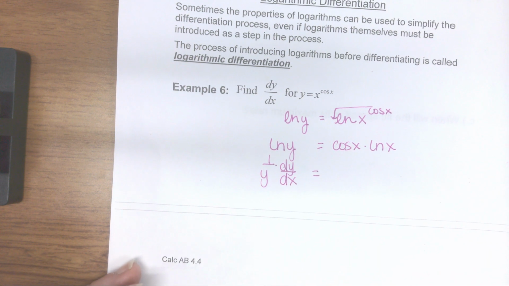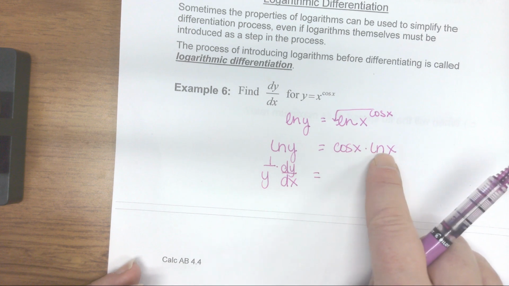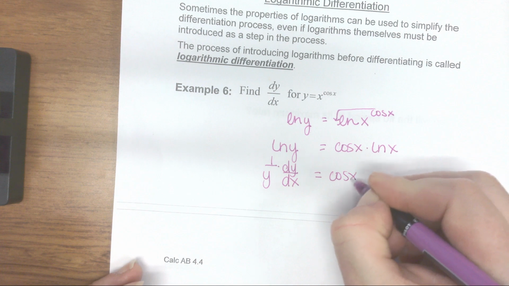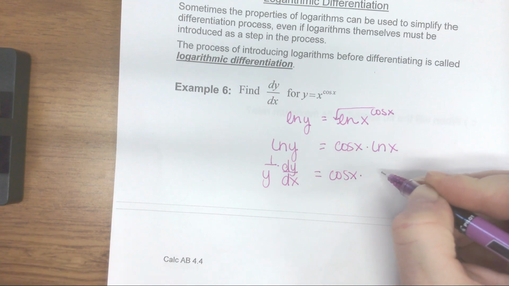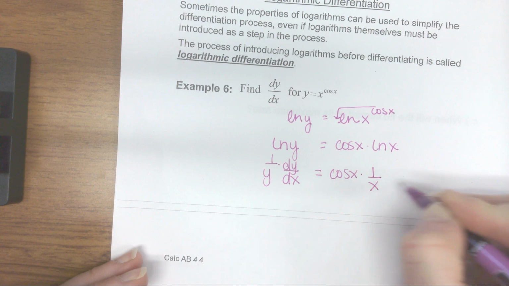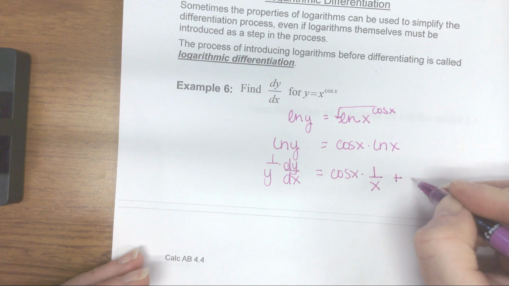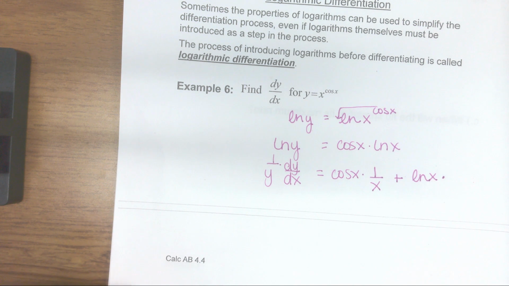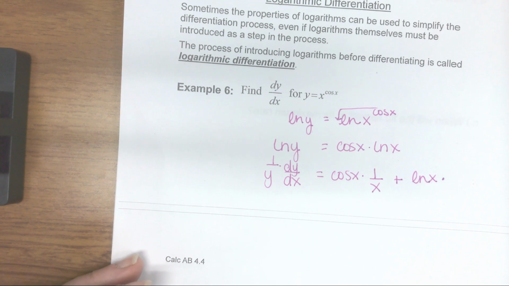So let's do first d second: cosine x times, what's the derivative of natural log of x? 1 over x. Plus second d first would be natural log of x, and what's the derivative of cosine? Negative sine.